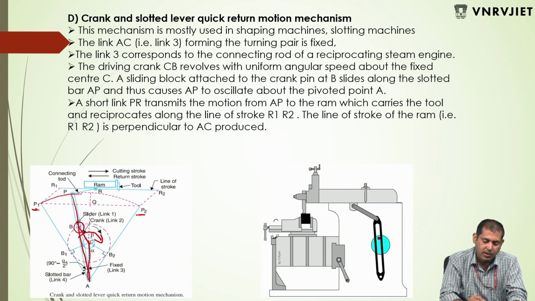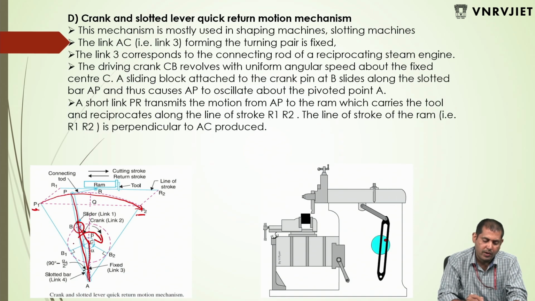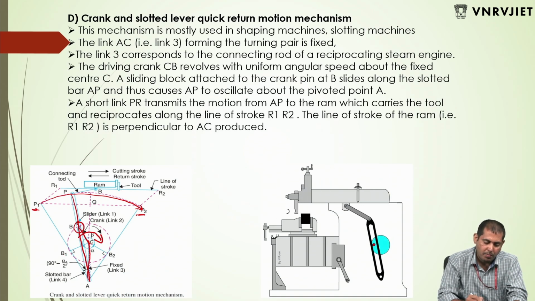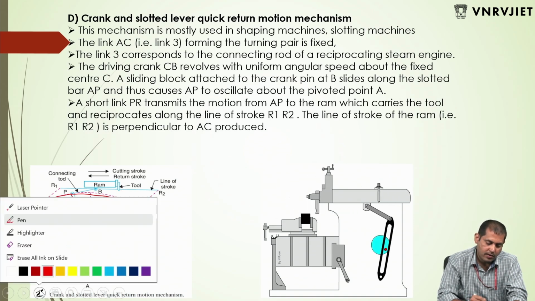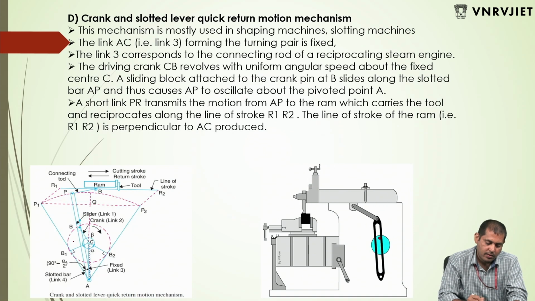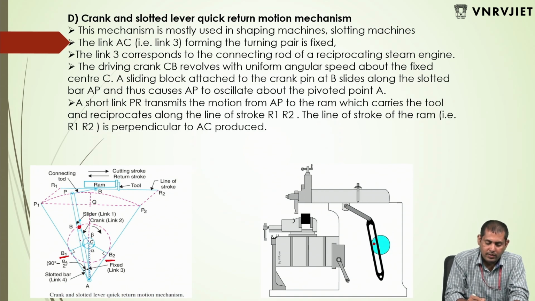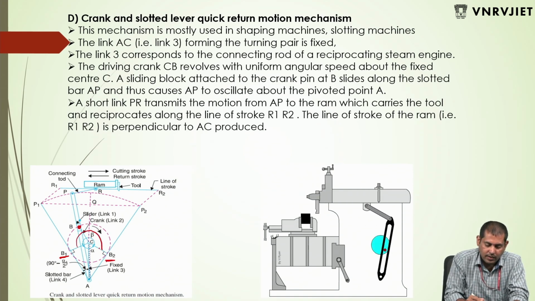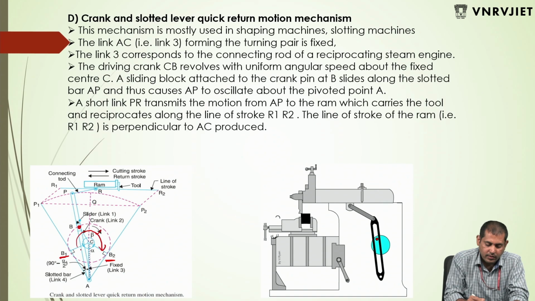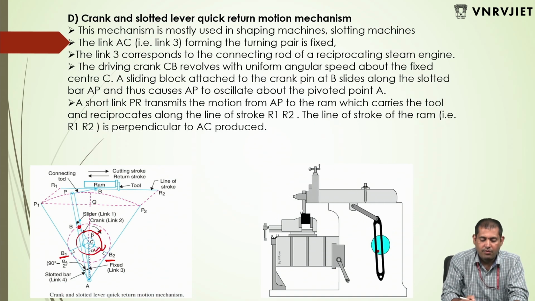When it moves from P1 to P2, the point B moves from B1 to B2, where this travel is considered as beta and this travel is considered as alpha.